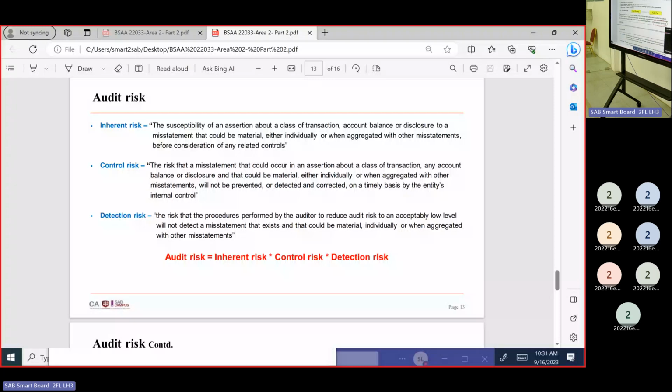Two of them are from the auditee side, one of them from the auditor side. So in a proper audit, we have to manage all those three areas. From audit procedures, we have to manage these two. From audit experience, using skepticism, proper tools and a proper audit team, you can manage detection risk.